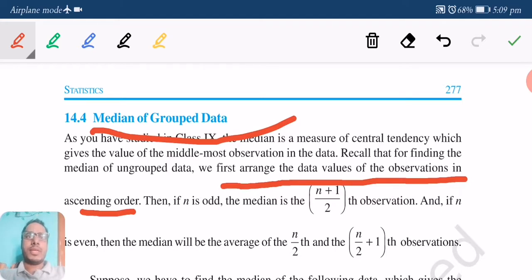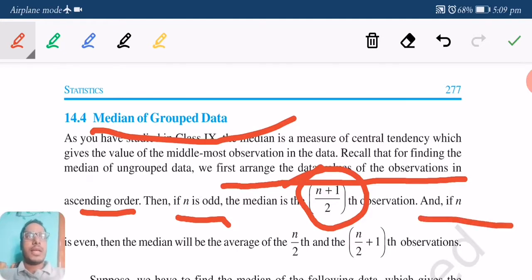Sorting of the data. And if the observations turn out to be odd, then we had applied the formula of finding the median as (n plus 1) by 2 observation, where n is odd. Suppose if n is even, in that case what we had done, we took n by 2 observation and n by 2 plus 1th observation, right?